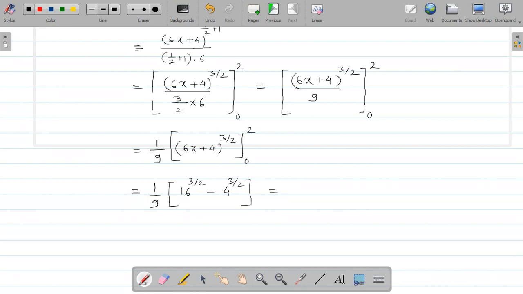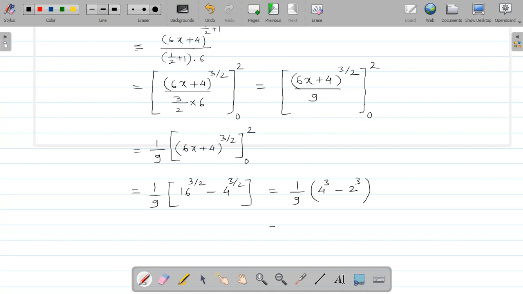Now what will you get here? 1 upon 9 into bracket 16 raised to 3 by 2. Now there is a square root also. So square root of 16 is 4, so it will be 4 cube, minus here also square root of 4 is 2, so it will be 2 cube.